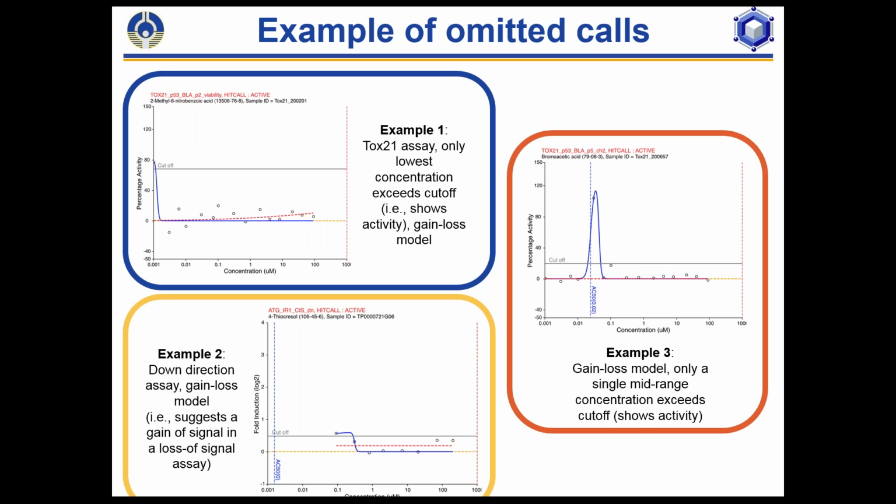So here's a couple of examples of omitted calls, ones that using the TCPL pipeline would be active, but once you integrate the flags that are included in the pipeline, you can remove. And so this one right here, only the lowest concentration really exceeded the cutoff, and this is a gain loss type model.